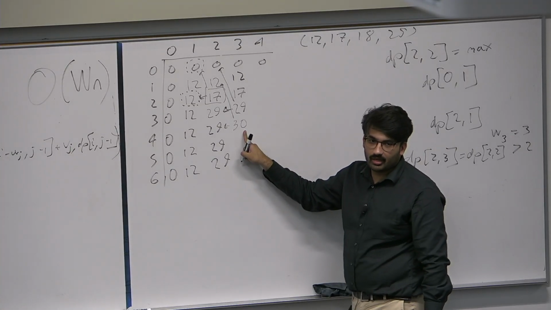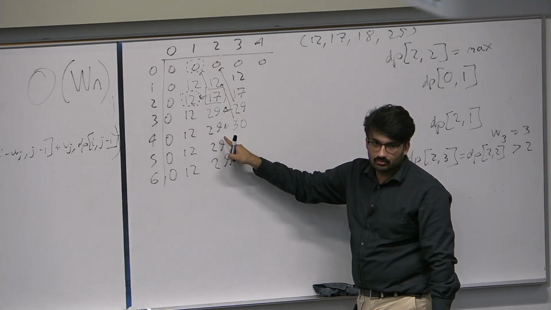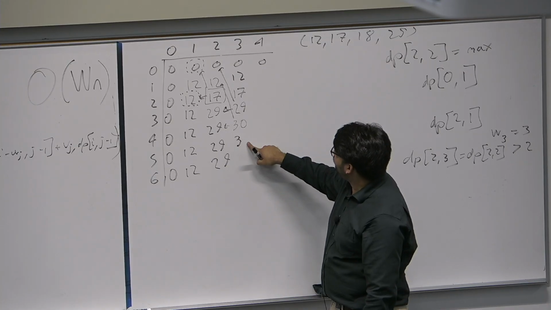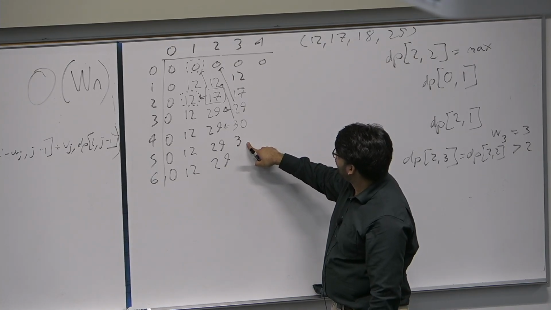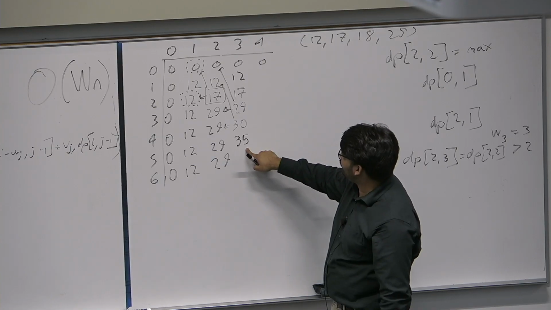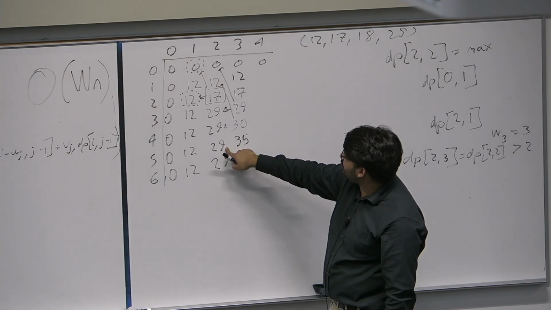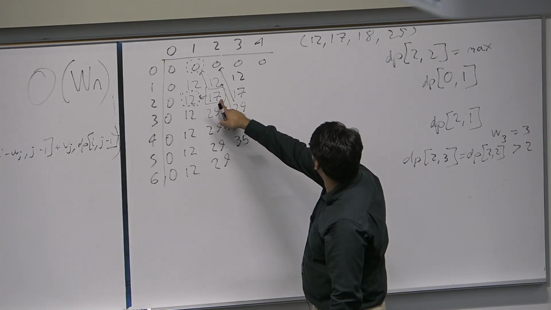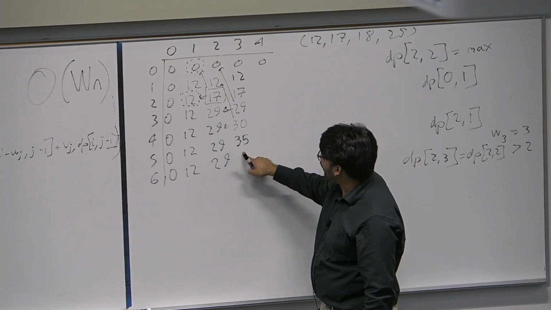So it's 30. 18 plus that one is bigger than that one, right? What comes here? 35. Okay. Yes, 35. We could either choose 29 or we can choose 17 plus 18, which is 35, which is going to be this one.